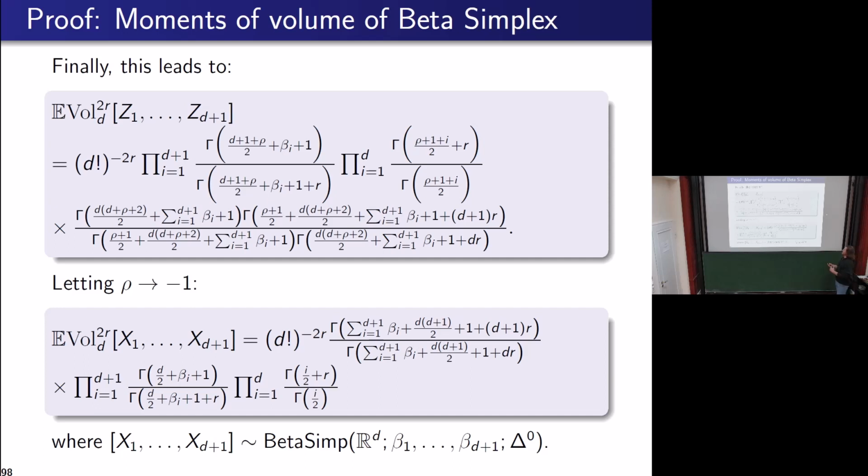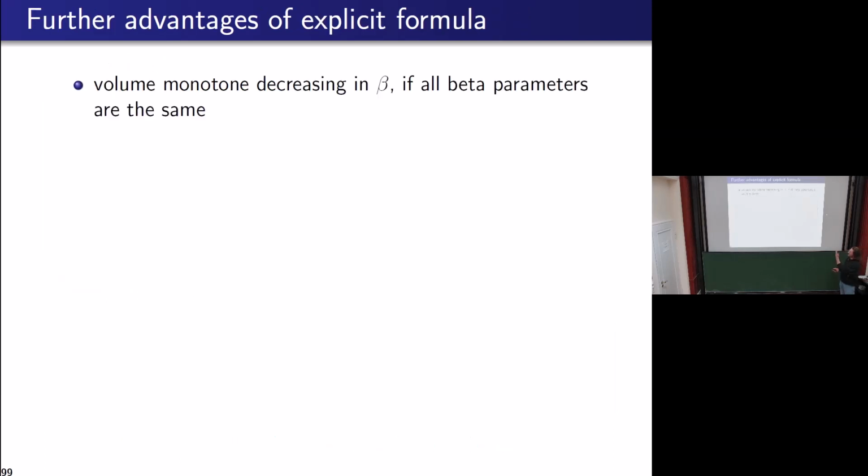And it looks a little bit nicer, first of all, but like I said, on second glance, it's actually very nice because all we have are gamma functions, or products or quotients of gamma functions, and all of these are very, very easy to study. So what we can do with this is that we can, first of all, now show that the volume is actually monotonically increasing in beta if all betas are chosen to be the same, which we have conjectured at the beginning.